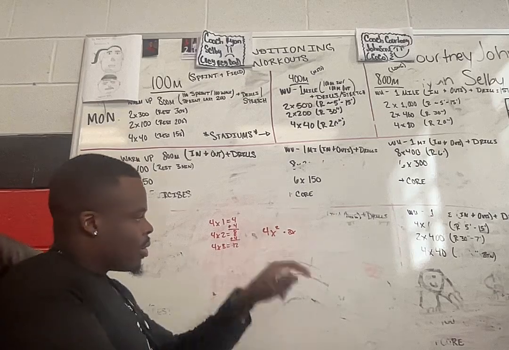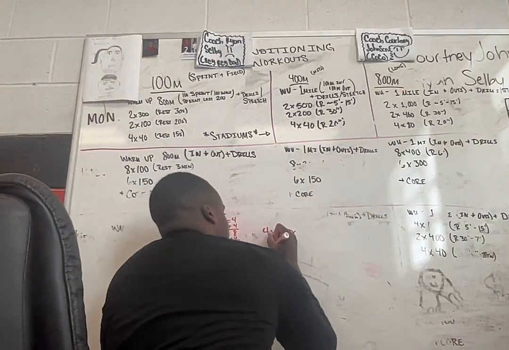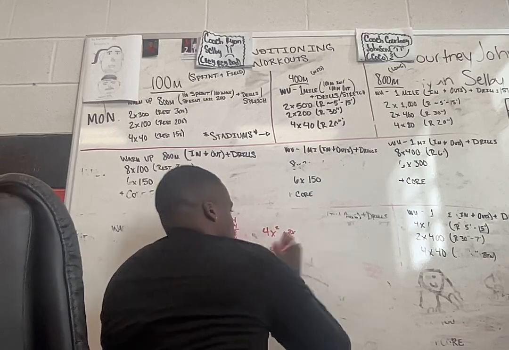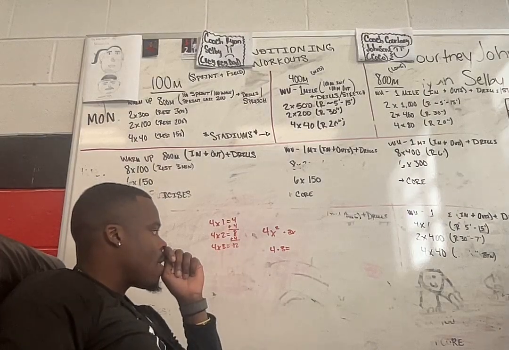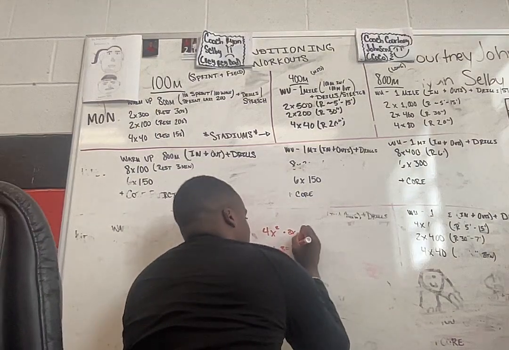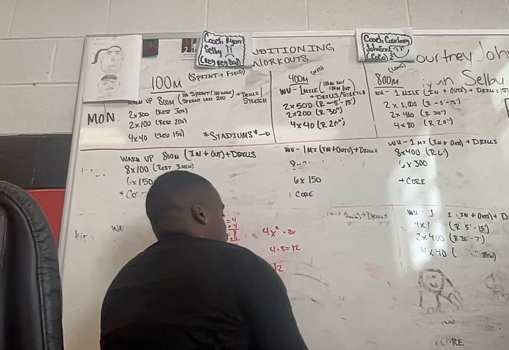So now we got this part. Now we want to talk about our multiplication. Let's do 4 times 3 equals, we just did it, 12. Alright, so I want to bring my 12 down. What am I bringing down after that?